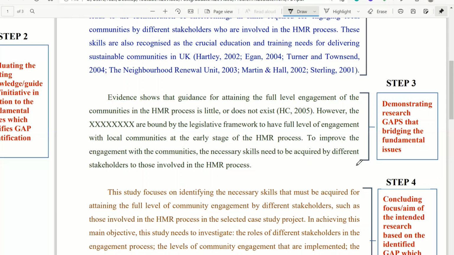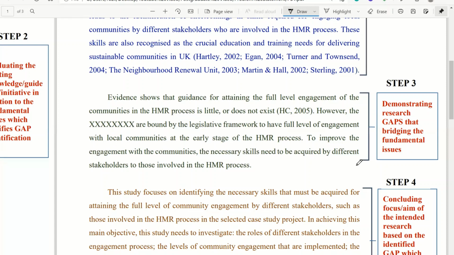However, they are bound by the legislative framework to have a full level of engagement with the community at the early stage of the process. Therefore, to improve the engagement with the community, the necessary skills need to be acquired by the different stakeholders involved in the housing market renewal process.